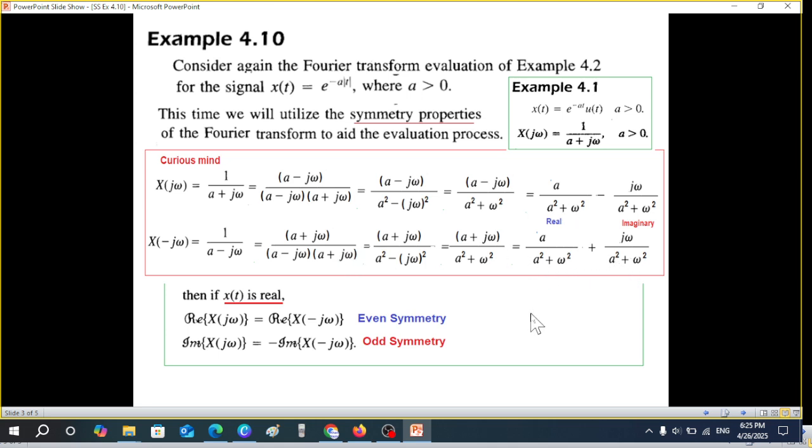And now you can see that these two terms are equal, the real part of X(j omega) and the real part of X(minus j omega). Therefore, we can call this an even symmetry, and that is equal to a over a squared plus omega squared. This value.